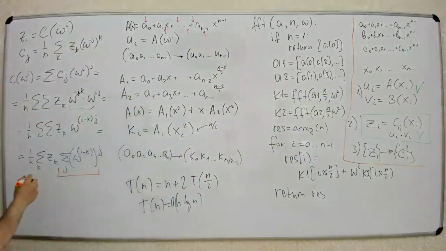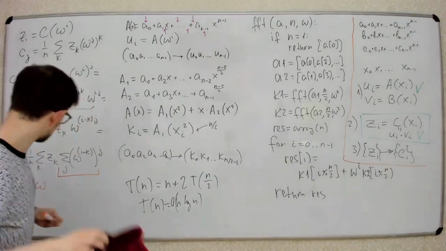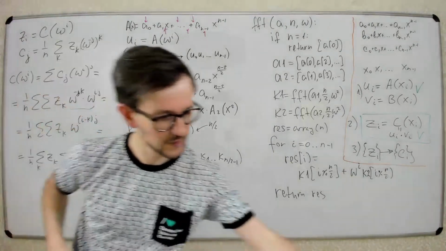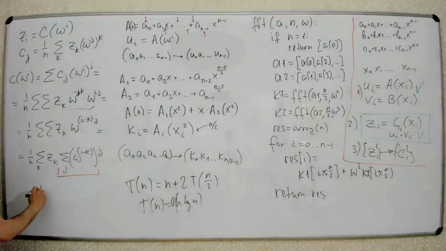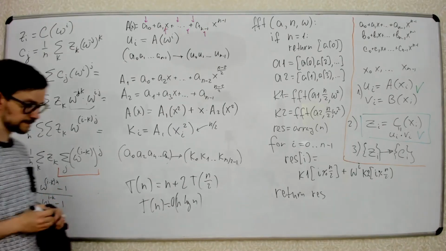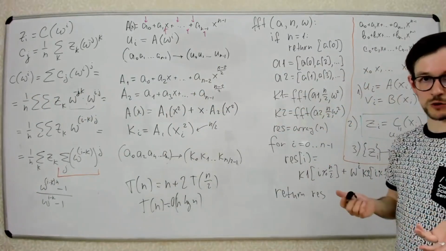It is w power i minus k, to the power n, minus 1, divided by w power i minus k, minus 1. Right? That's how we calculate geometrical progressions.